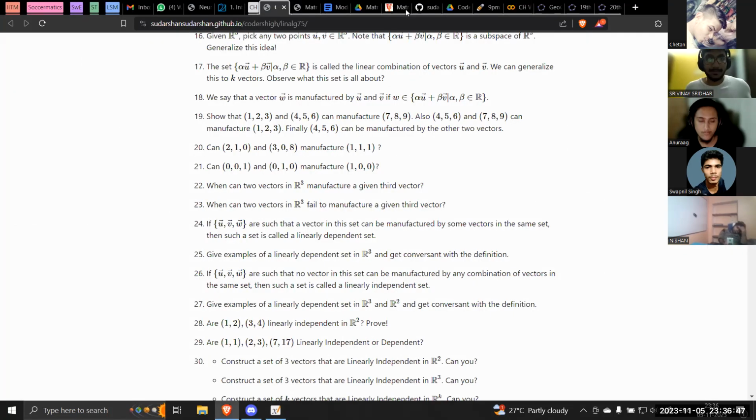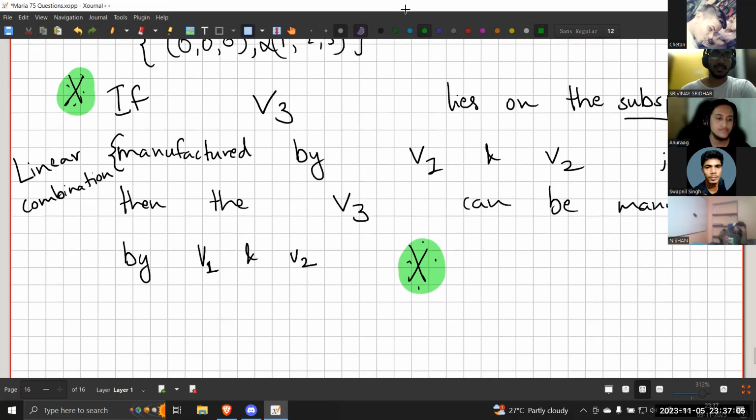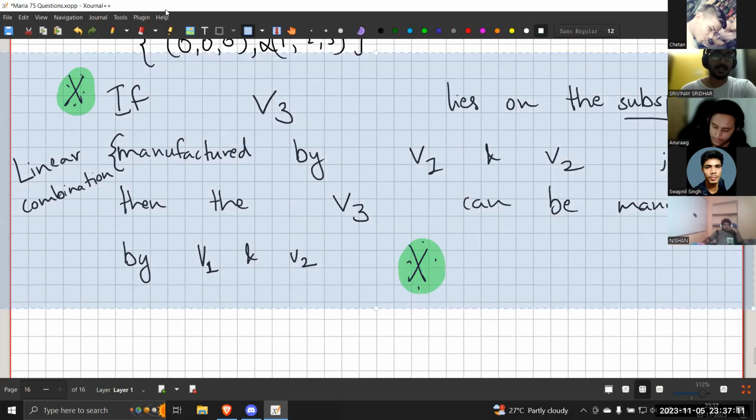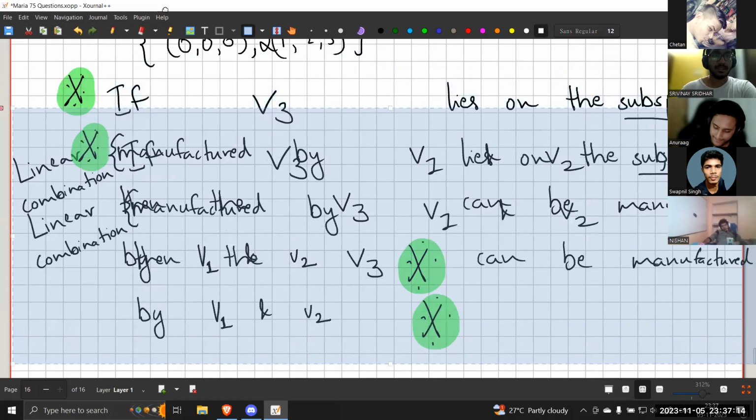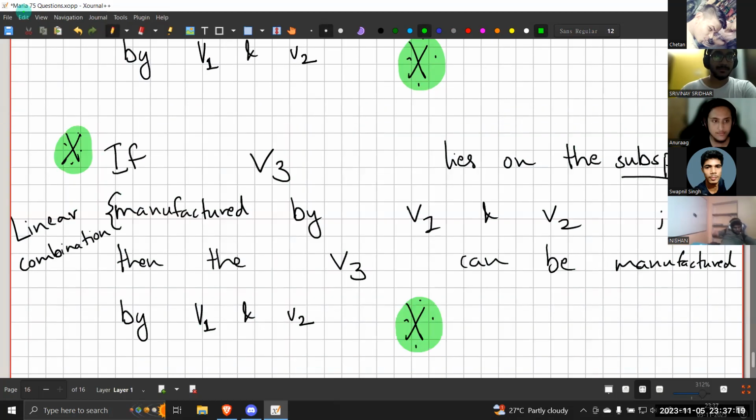Okay, awesome. When can two vectors in R3 fail to manufacture a given third vector? When it does not lie on that linear combination. Exactly, very similar to this. Maybe I'll just copy paste this because I'm lazy. So this is question number 23.